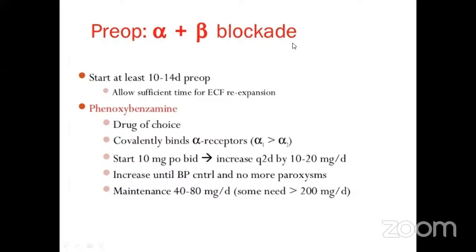Glucagon. Glucagon, right? For calcium channel blocker overdose we use calcium. For beta blocker overdose, the drug of choice is glucagon. Glucagon, madam. Glucagon, sir.